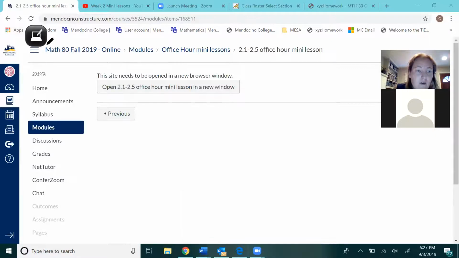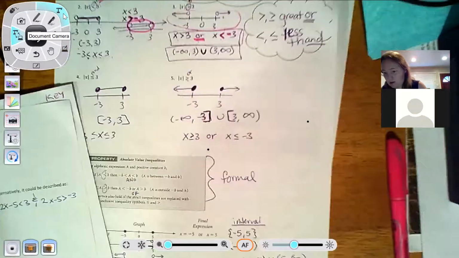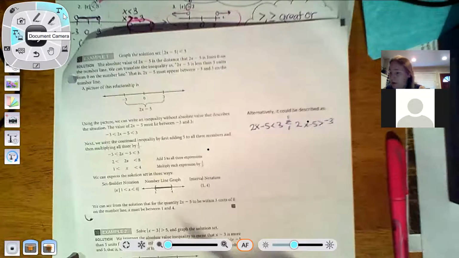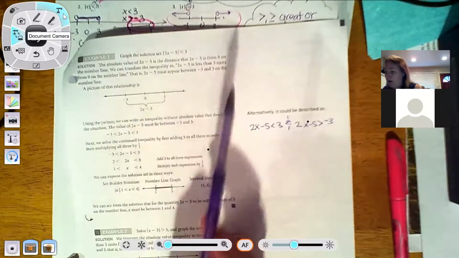All right, so let's get back to that. The textbook shows the whole idea of something being less than 3 away, or being more than.